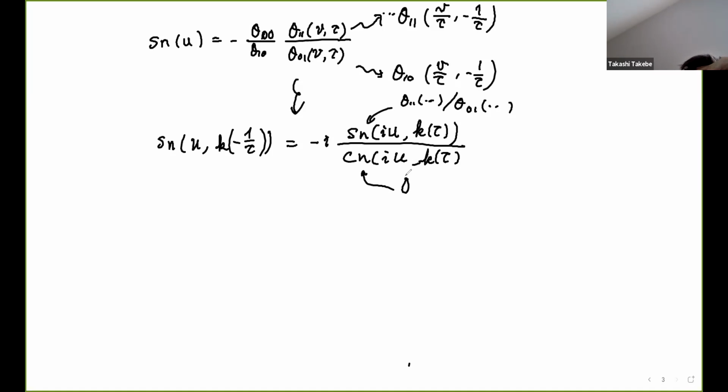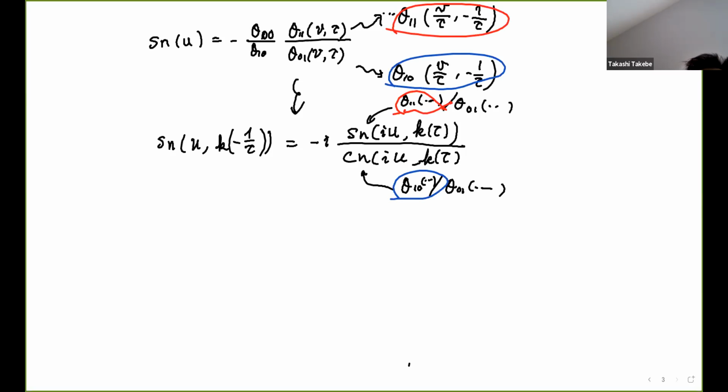This is theta 1, 0 over theta 0, 1 with some constants. So this corresponds to this. This corresponds to this.